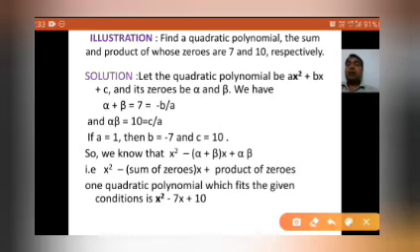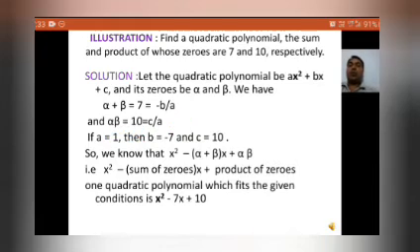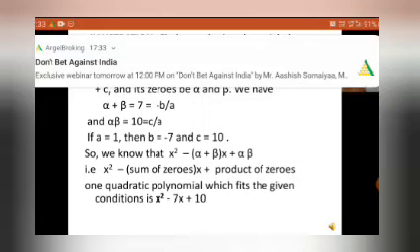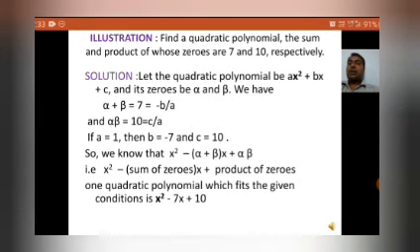The product of zeros alpha into beta is given as 10, and the product of zeros is c by a, that is, the constant term divided by the coefficient of x square. So in these conditions, if a is equal to 1, then b is equal to minus 7 and c is equal to 10.